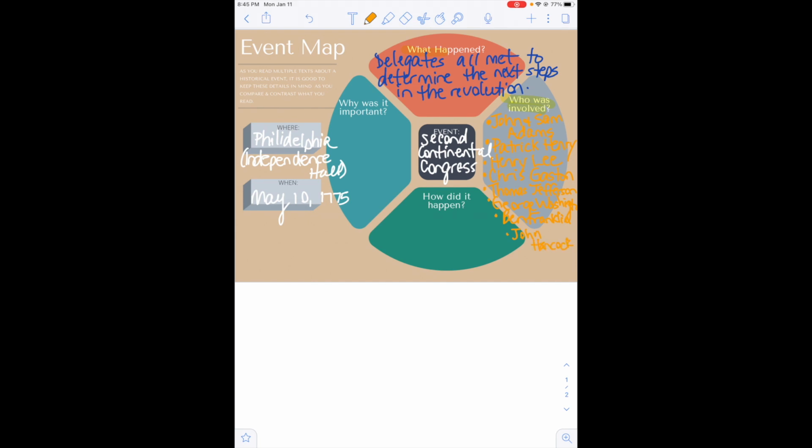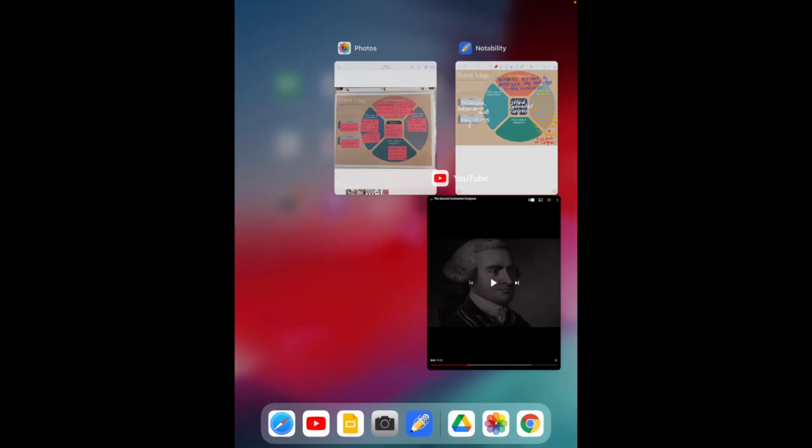Remember that they mentioned that John Hancock ended up being elected president of the Congress. I'll put that here. So now we have the what. They're trying to determine the next steps of revolution. We have the who. So let's see how the conversation went.